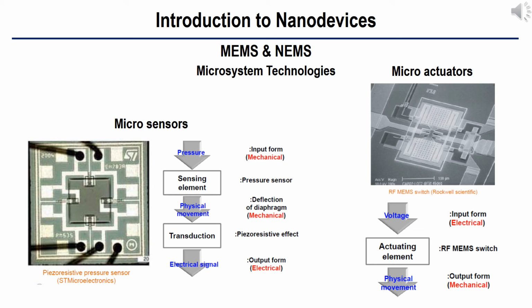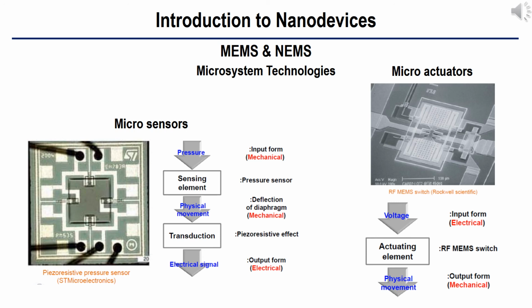For the signal transition, there are two required units. The first one is the sensing element for input pressure to physical movement translation, and the other one is the transduction unit for physical movement to electrical signal translation. Actuators are miniaturized devices that usually convert one signal into an action or mechanical output.